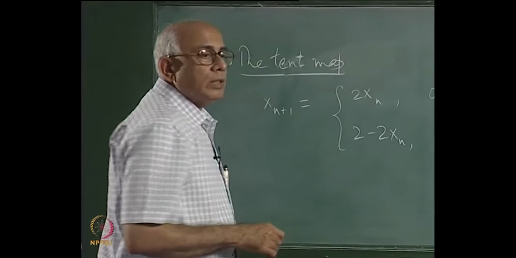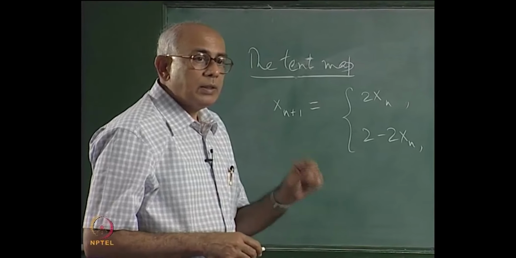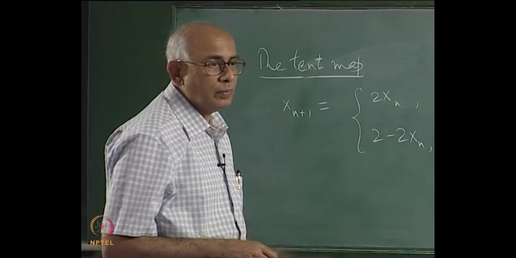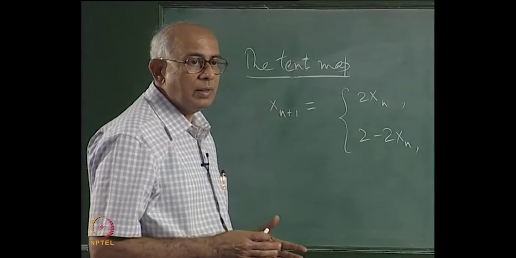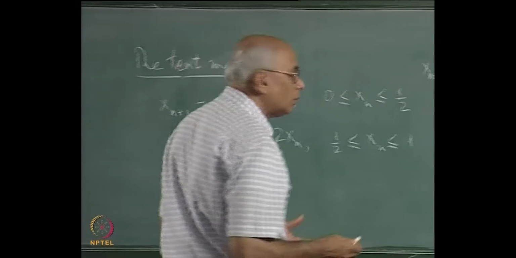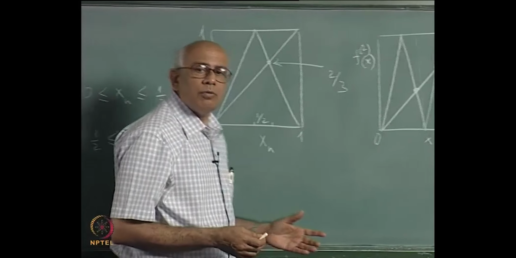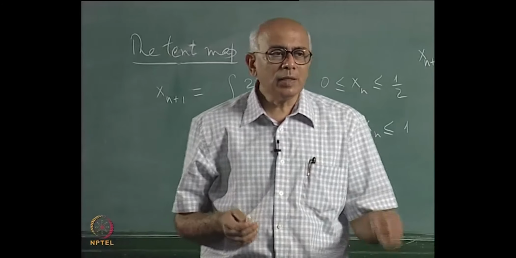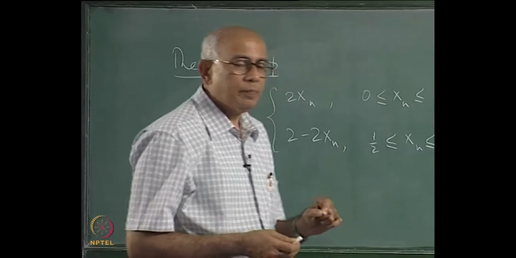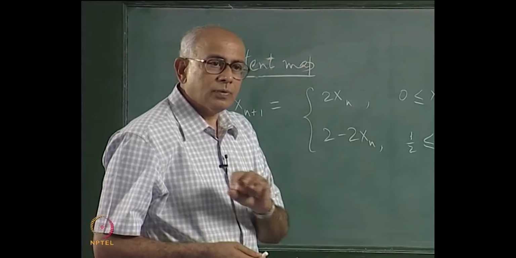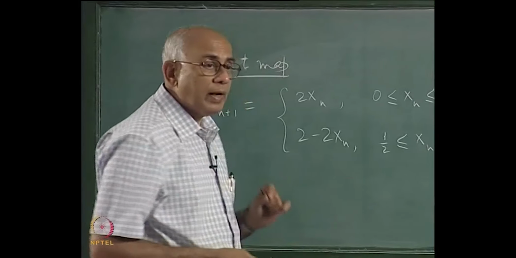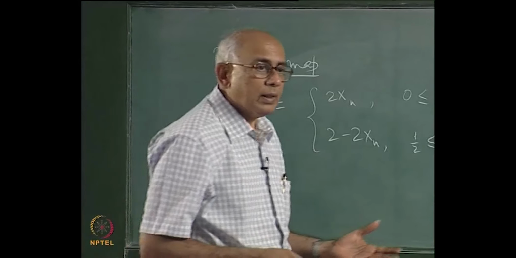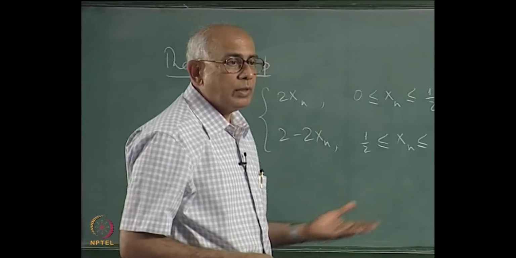It is easy to check once again that the points which lie on periodic orbits are a set of measure 0, they are dense everywhere on the unit interval and yet a set of measure 0, and the map is fully chaotic. It is completely chaotic in the sense that any typical initial condition from the set of irrational values of x would lead to an orbit that does not settle down to any final point, and it wanders uniformly over the entire interval.